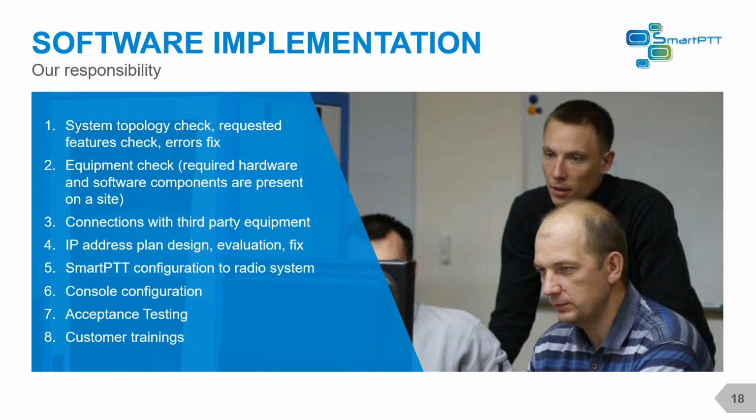When we come on site, we then do the SmartPTT configuration to the radio system. We're going to configure the console to the customer's needs, so we can create a custom console to give the dispatcher easy access to the information that they need most.